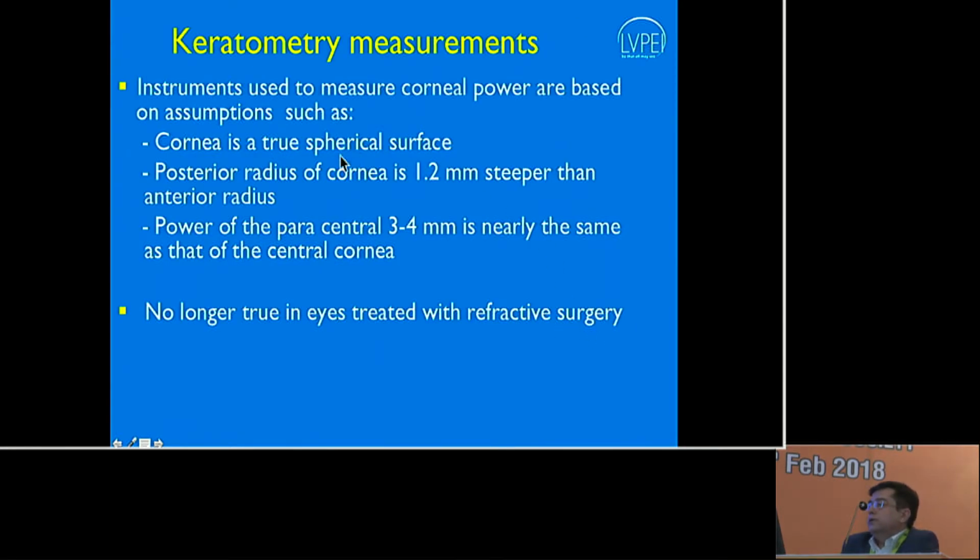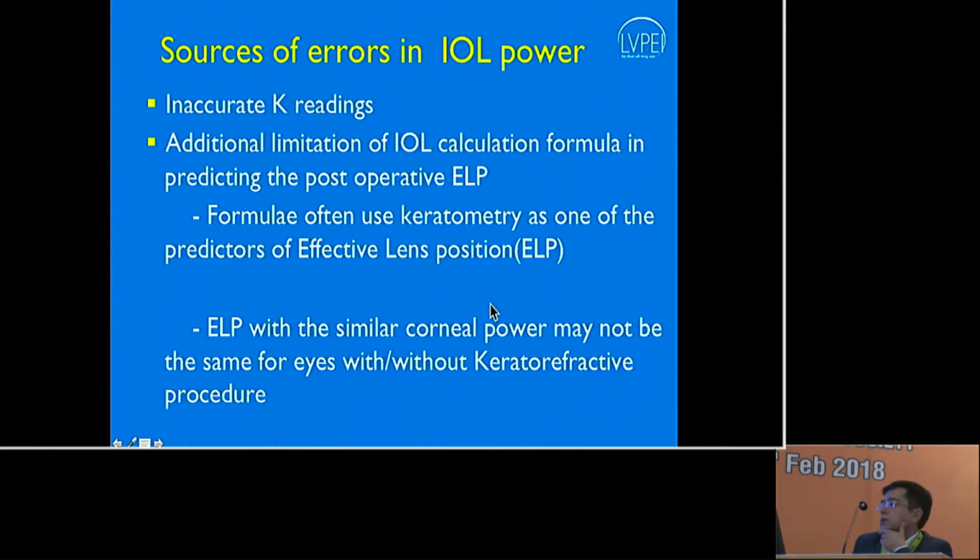In routine biometry, we are basically making an assumption that the cornea is a true spherical surface, that the posterior radius of curvature is 1.2 millimeters steeper than the anterior radius, and that the power of the paracentral 3 to 4 millimeters is nearly the same as that of the central cornea. However, this is no longer true once the patient has undergone refractive surgery.